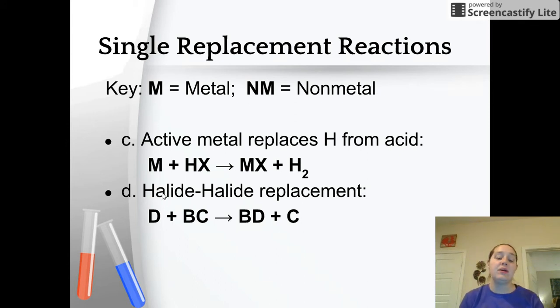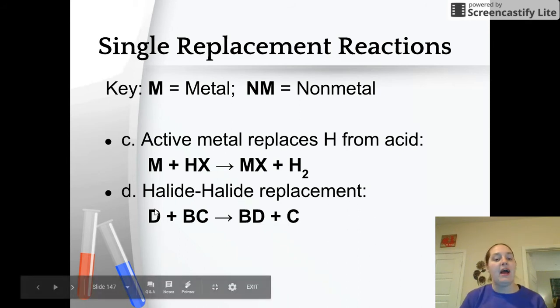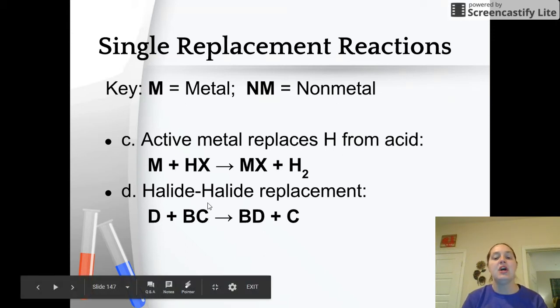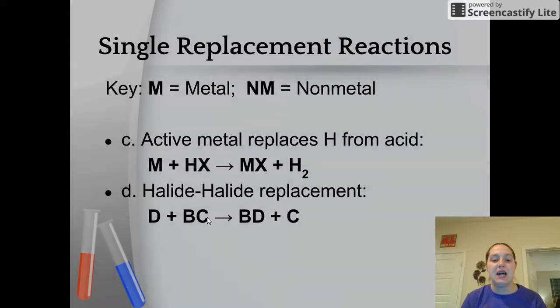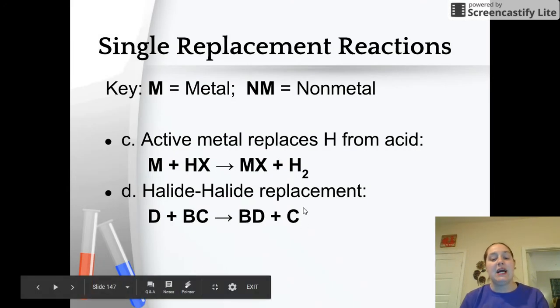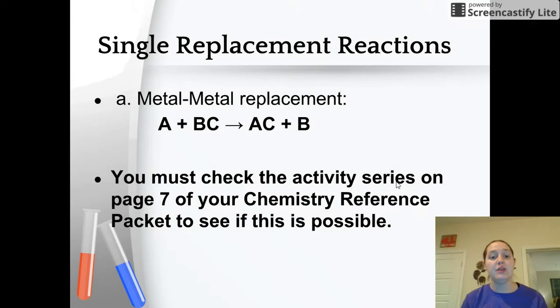So bromine, chlorine, fluorine, and iodine, replacing one of those other guys out of the compound. Notice this time C got kicked out, not like here where B got kicked out. Remember all of those are diatomic, so you will need to remember your diatomic 2 there.